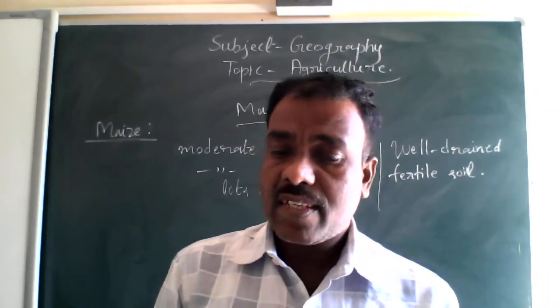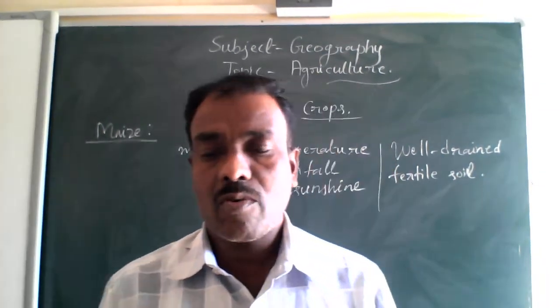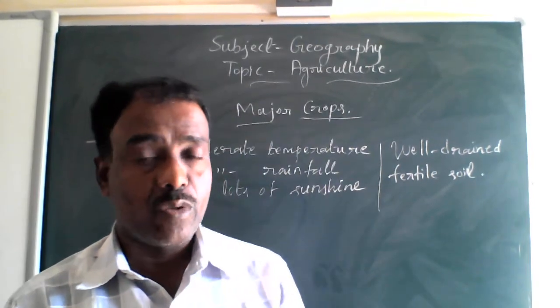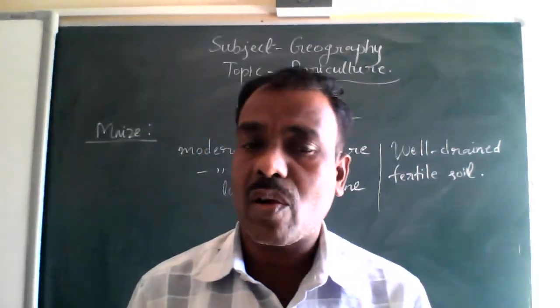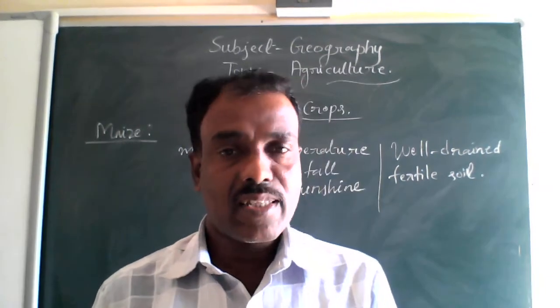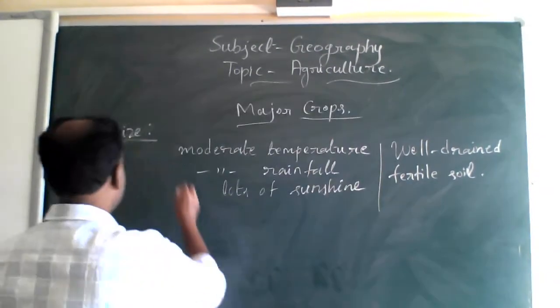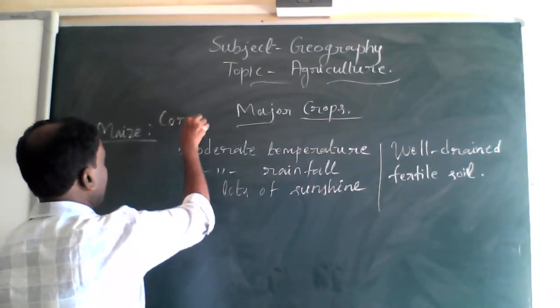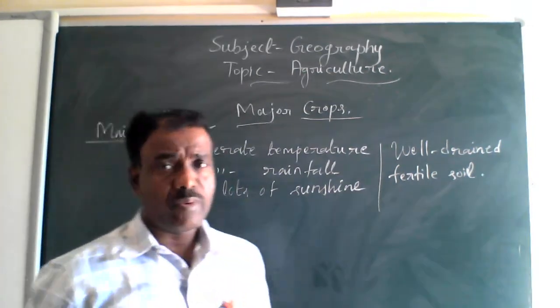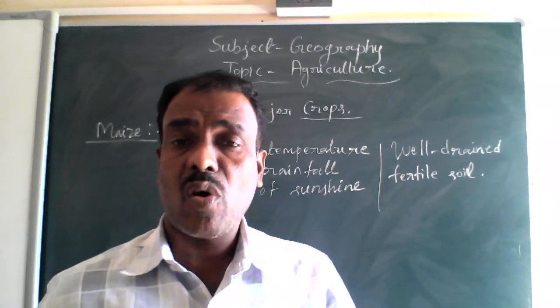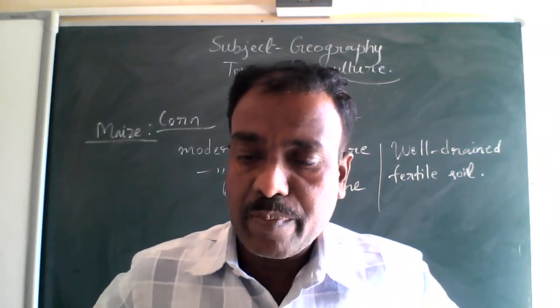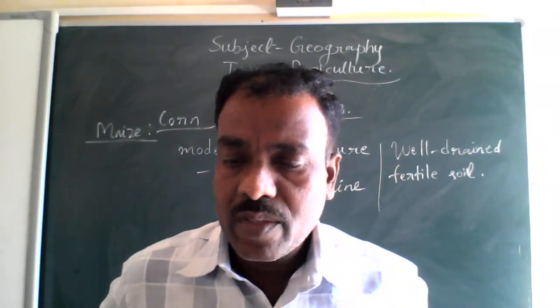So maize, I would like to tell all of you, is also known as corn. That is corn only. There are varieties of corn such as sweet corn and the normal one also.